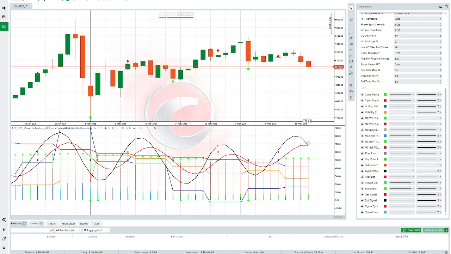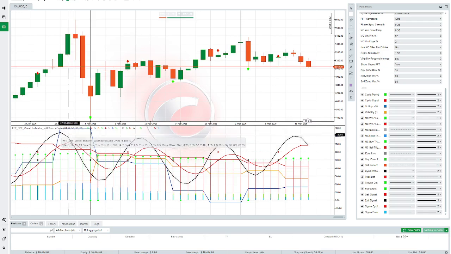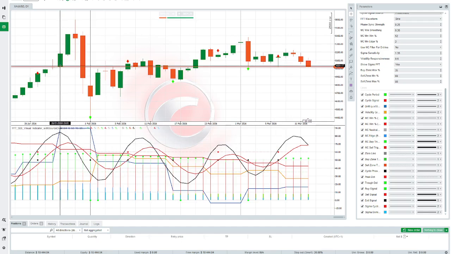You see here that the cyclical phase of gold prices is about to cross the signal line, the cyclical signal. That means you will have a down price, going down, like here. Here we have the peak of the cycle, the price is still going up, so it's anticipating.